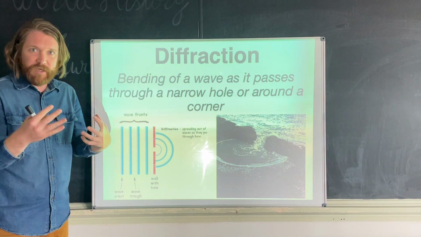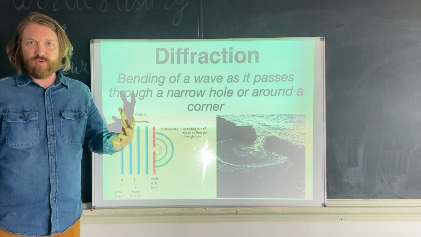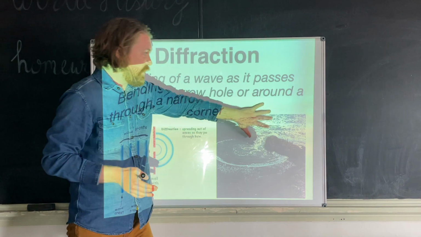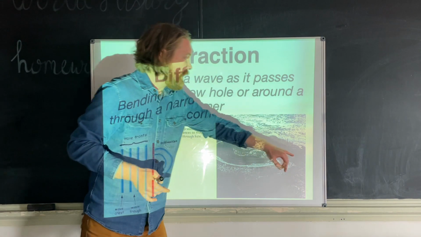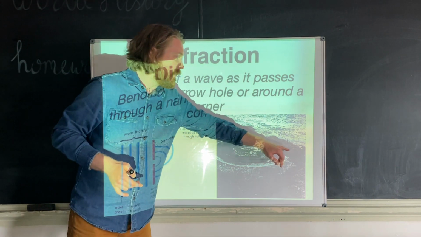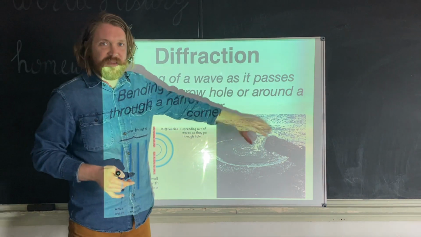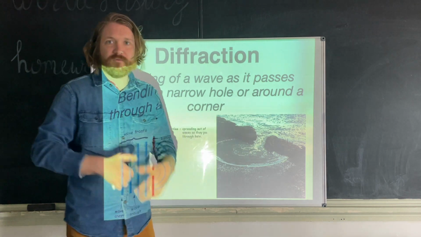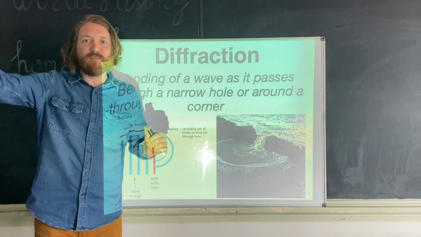Now this may sound weird, but it's perfectly easy to understand. Think about if you had the ocean or any water and you had a small break in the wall stopping that water from coming through. When the water comes through the wall, for example, picture the room I'm in.